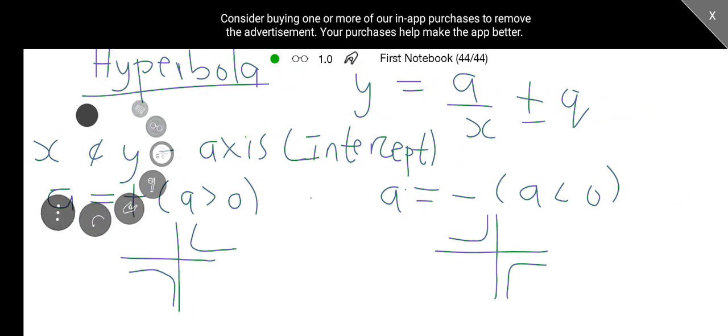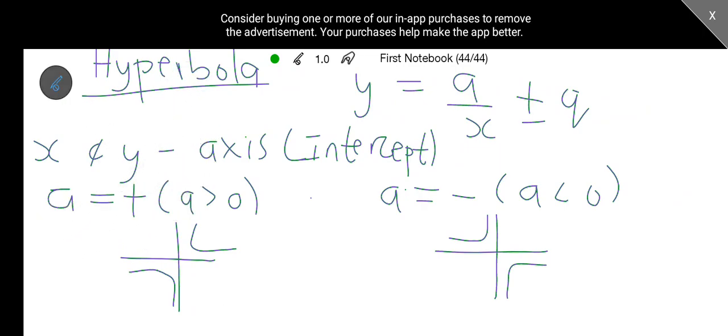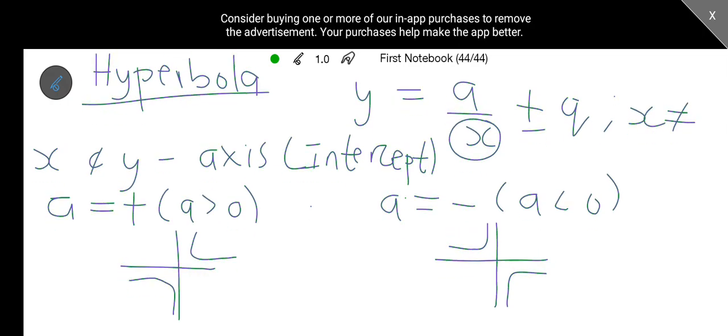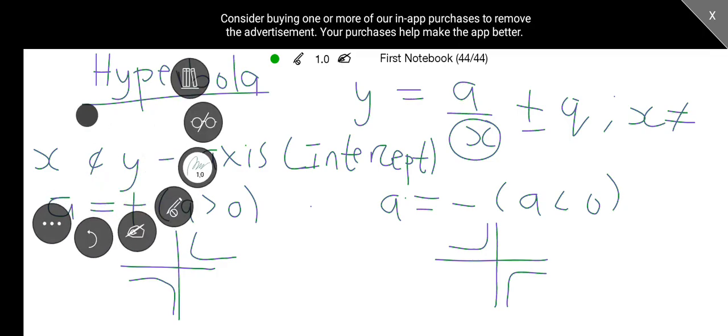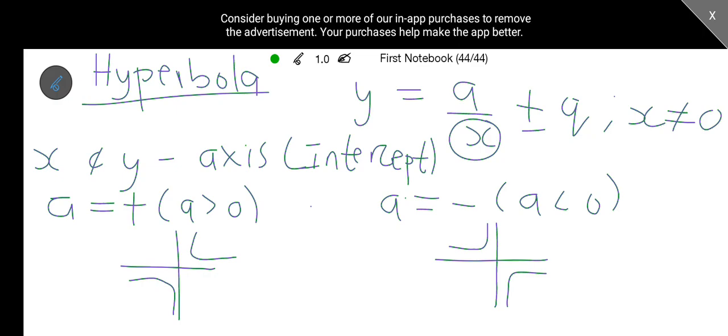Something we must note here is that we have x in the denominator, and we know that division by 0 is not allowed in mathematics. So x must not be equal to 0, as long as we have x only below.